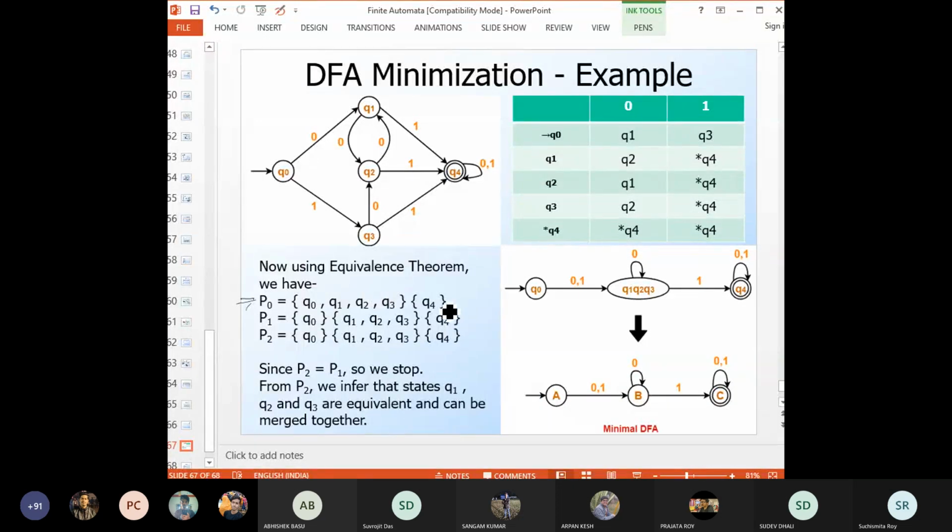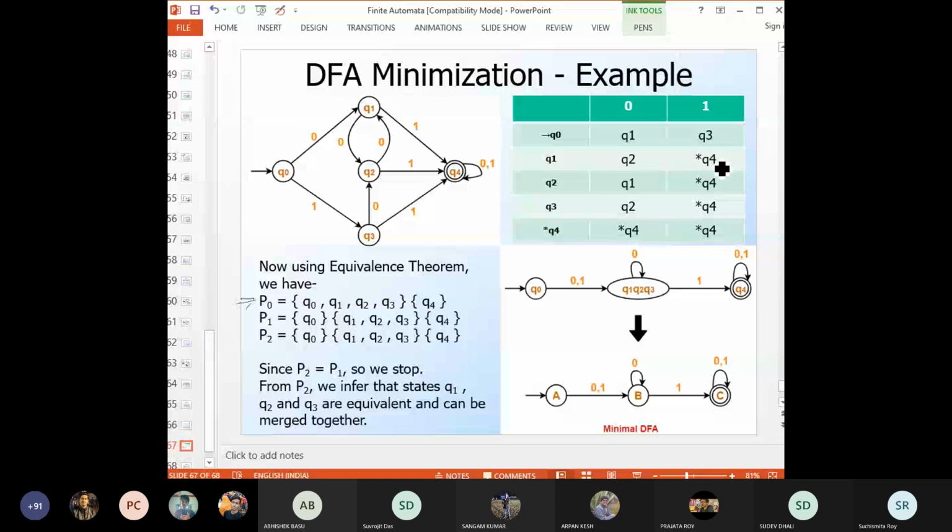Okay, now look at the outgoing transitions on input characters. From Q0, on 0, we go to Q1, which is the same partition, and Q3 on 1. From Q1, we go to Q2, which is again the same partition, and Q4.